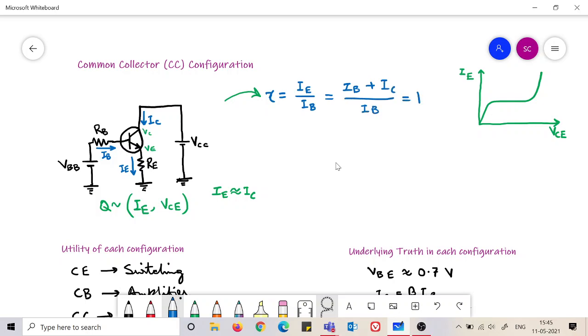So this is 1 plus IC by IB, and IC by IB is beta. So gamma is beta plus 1. If you know your beta, you can find your gamma.